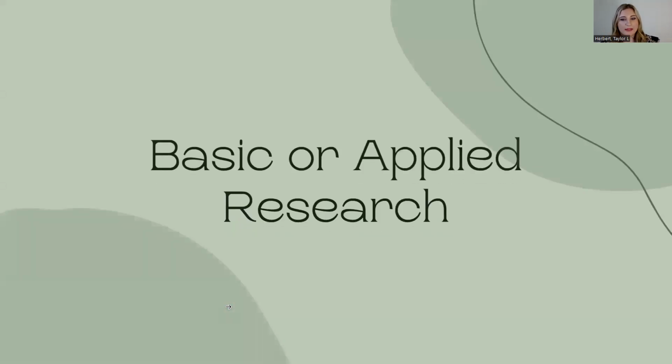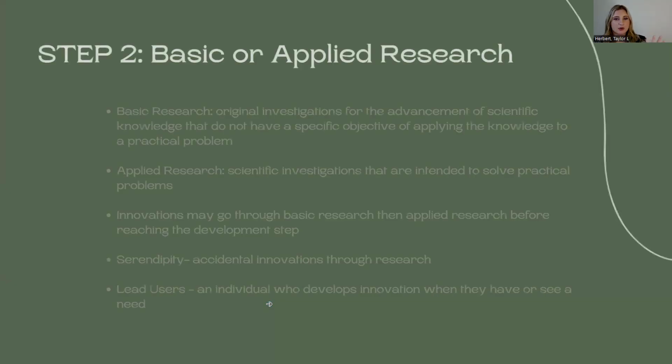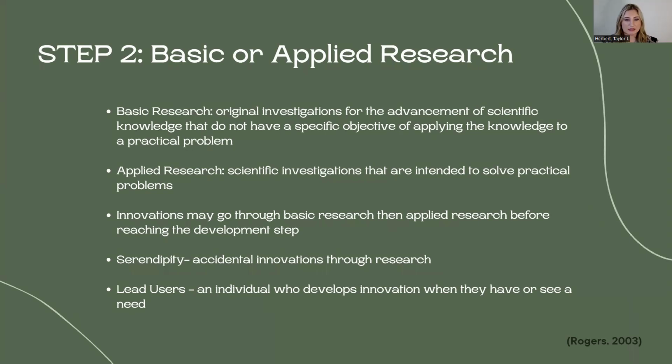basic or applied research. And so, as we were just saying, sometimes problems or needs come through scientific expertise and research, and sometimes they don't. So in that case, the process wouldn't be as linear, and maybe they would skip step number 2. But basic research is the original investigations for the advancement of scientific knowledge, and they don't necessarily have a specific objective that they want to apply the knowledge to solve a practical problem.